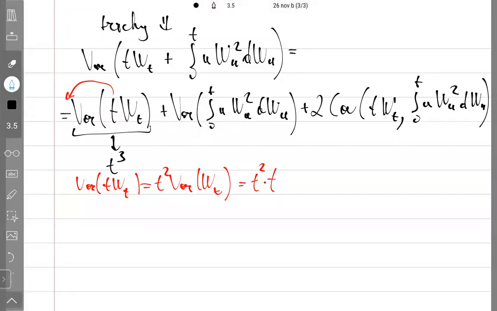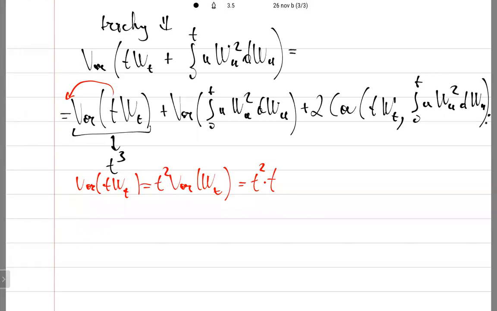Okay, let's move on to the second term. Let's do each term separately. The variance of the integral from 0 to t of u W_u squared dW_u. Which property can we use? Who can find in the list of properties of stochastic integrals the property that can be used?